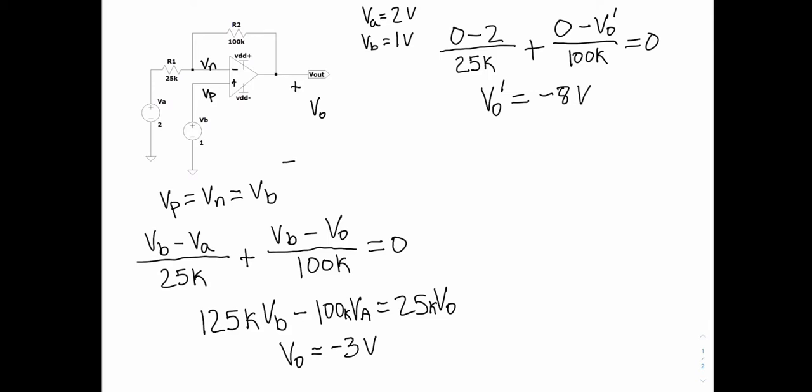And now the other side of our superposition, we're going to deactivate VA. So with VA equal to 0, we're going to have VB, which is 1, minus VA, which is 0, over 25K, plus 1 minus Vout, we're going to denote that as double prime, over 100K is equal to 0.